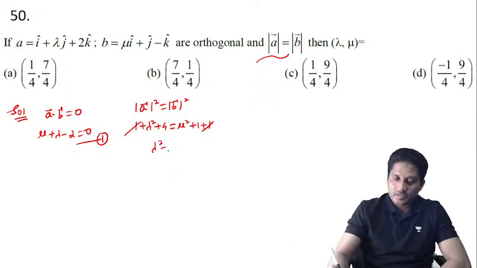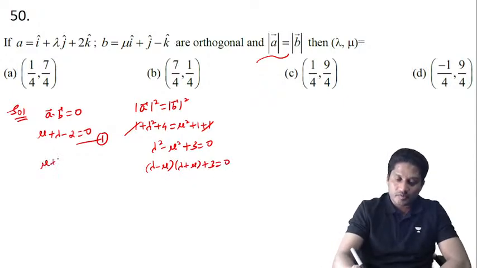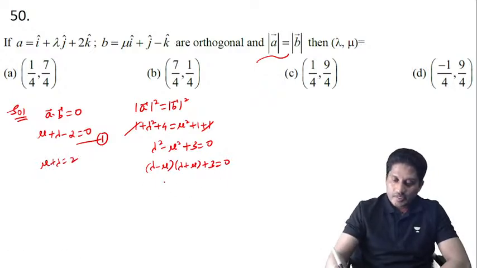Lambda square minus mu square plus 3 is equal to 0, right? Lambda minus mu into lambda plus mu plus 3 is equal to 0. From this, lambda plus mu is equal to 2. We get lambda minus mu into 2 plus 3 is equal to 0.